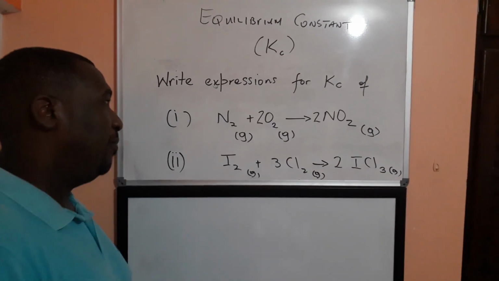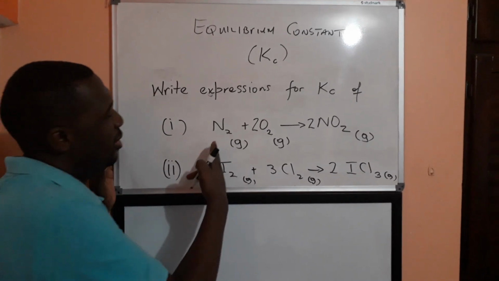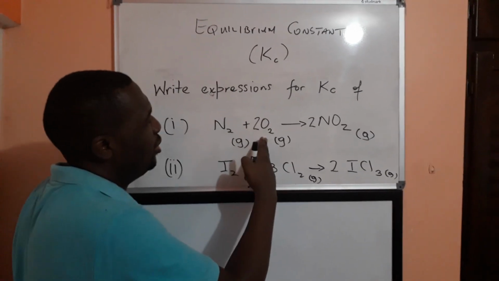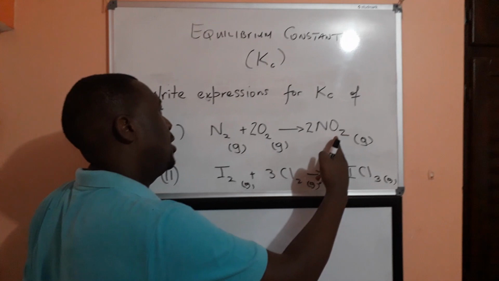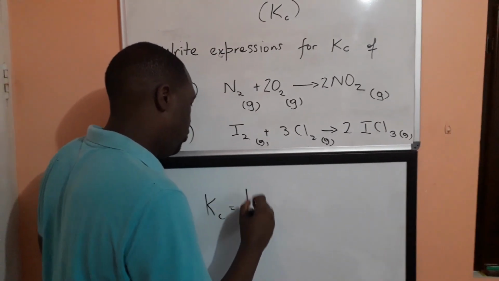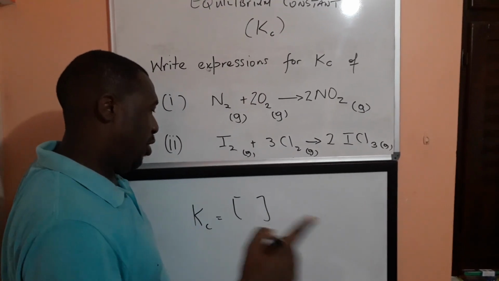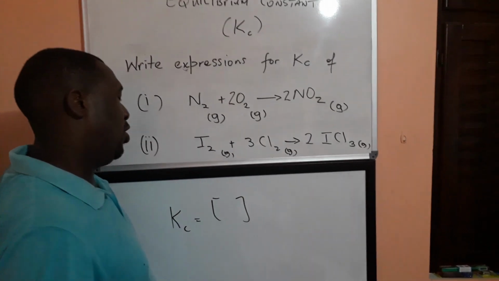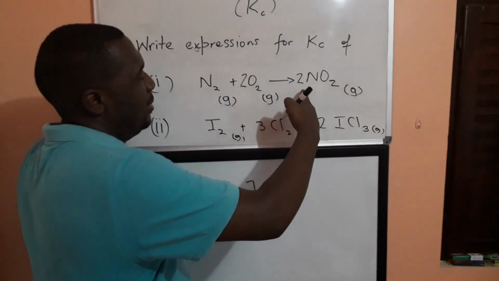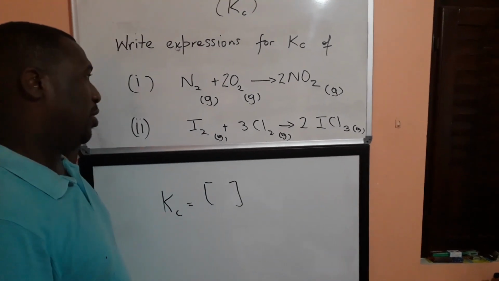Now let's consider the equilibrium constant for two equations. The first equation involves a reaction between nitrogen and oxygen to produce nitrogen dioxide. Now remember that Kc is the product of the product concentrations raised to their stoichiometric coefficients, over the product of the reactant concentrations raised to their stoichiometric coefficients.